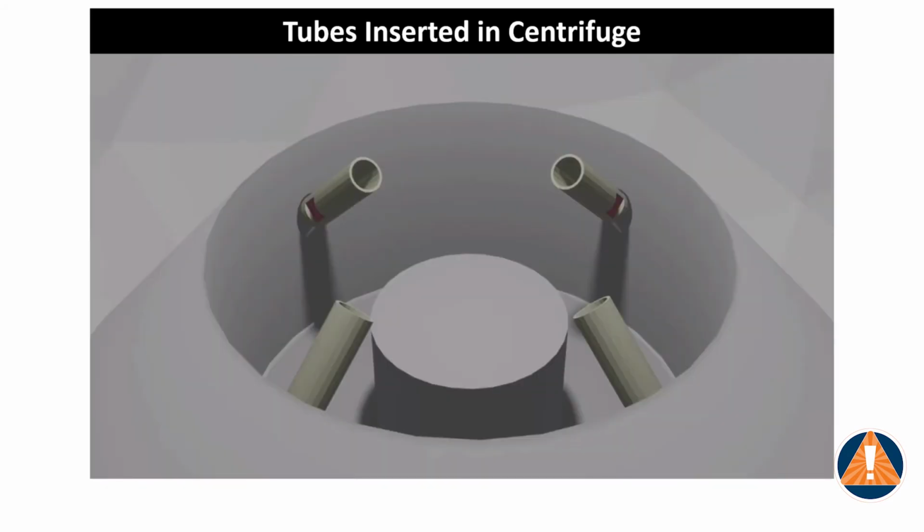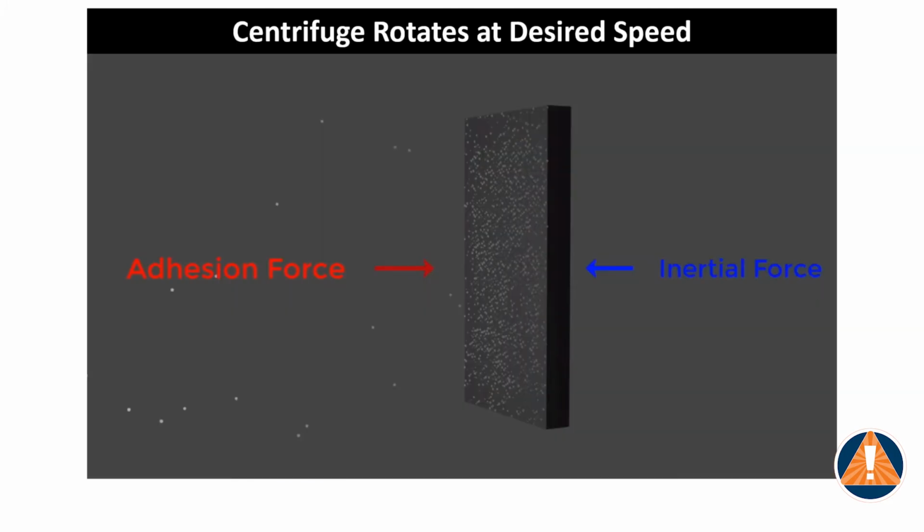All right. Now you can see in a typical centrifuge, the tubes go in at an angle. So when the tubes go in at the angle, the plate now rests parallel to the axis of rotation of the centrifuge itself. When the centrifuge is rotating, the particles are adhering, but yet there's an inertial force being applied that's pushing the particles off the surface.